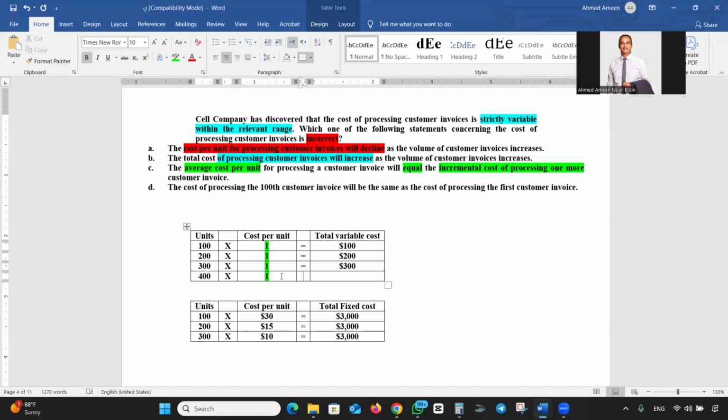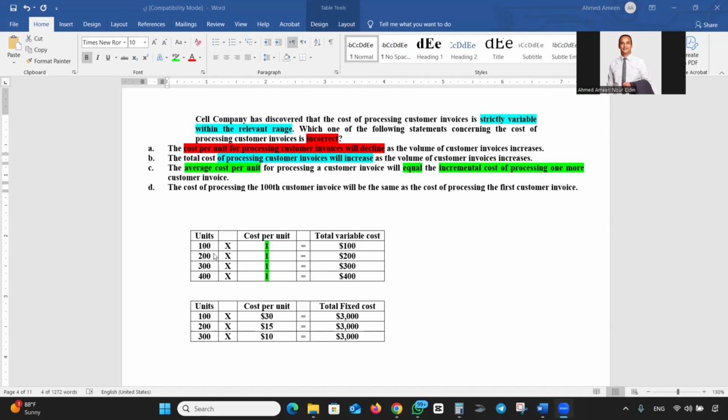So the total cost will be $400, and the cost per unit is equal to the average of those three amounts. So answer C is correct, but it is not the solution needed.